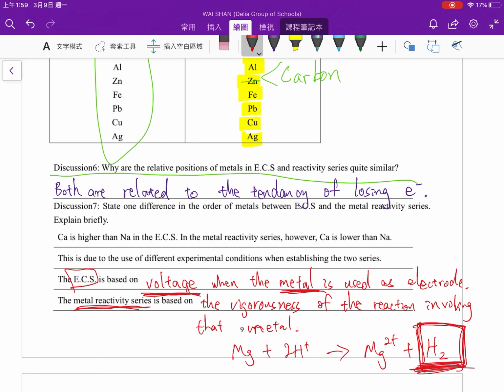The faster the hydrogen gas is given out, then we say that the metal is very reactive, okay. So the reactivity series is based on how vigorously the metal can react and how fast the rate is when the metal reacts, okay. So that's why they are different, although they are very similar to each other.